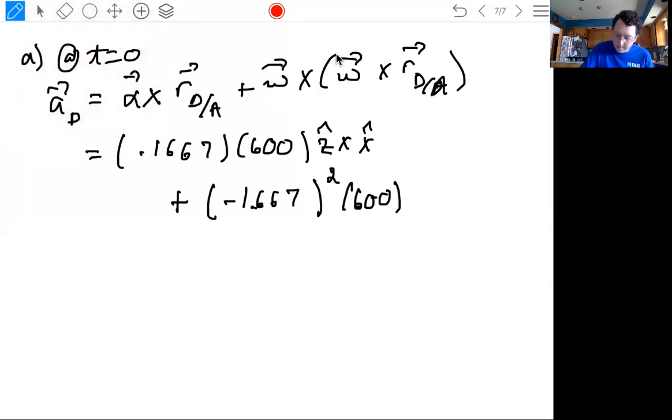Then I have to work out z hat coming from this omega, cross z hat coming from the second omega, cross r, or cross x hat.